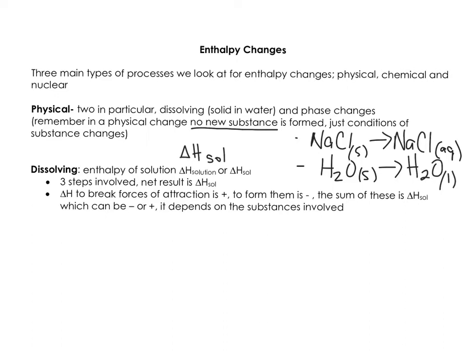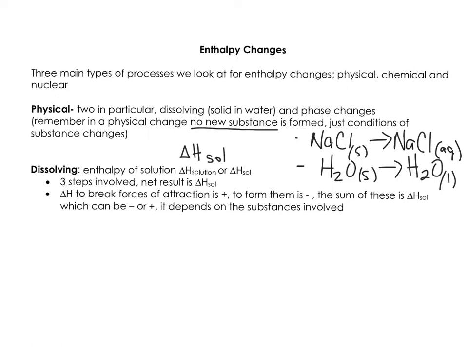And then the third step that's involved is we form attractions between the solute particles and the solvent particles in the mixing, and that part is negative. Your delta H is negative, it is exothermic. And you add these two positives and this negative change in energy, and you get this enthalpy of solution.